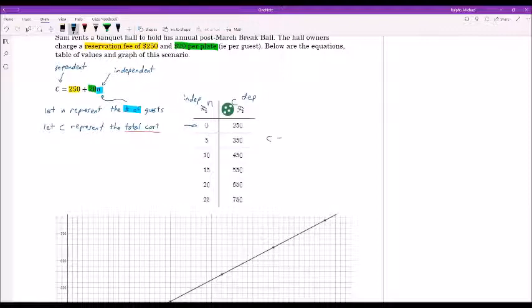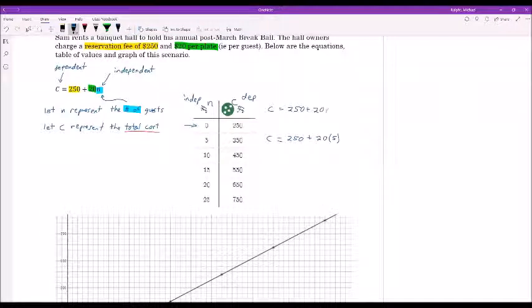If 5 guests arrive, to find the total cost, we start out with a $250 reservation fee, and then we add $20 for each of the 5 people that attend. We just substitute the 5 in for the n that we see in the equation. Actually, maybe I'll write the equation again here just to make it a little closer.